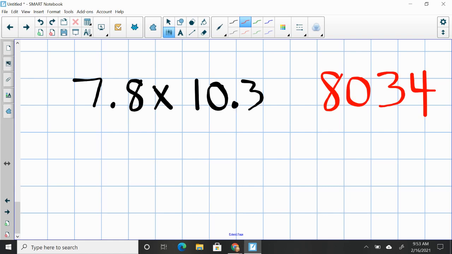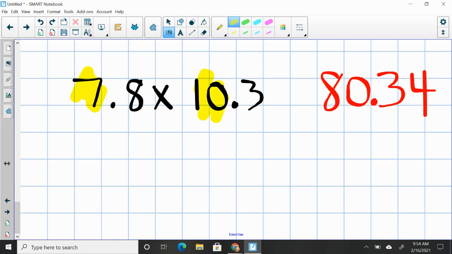Couple different ways we can think about this. We can say, like right here. How do you know that? So let's say we did 7 times 10, because those are my whole numbers, right?